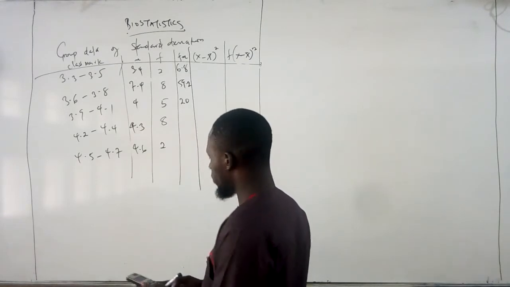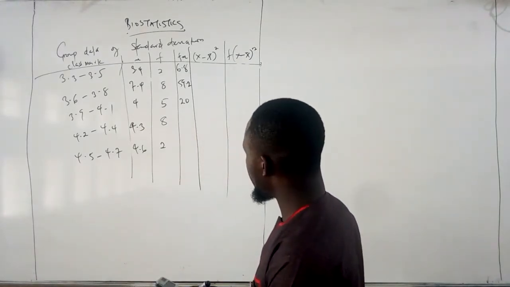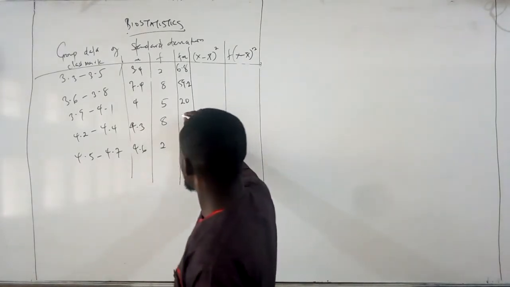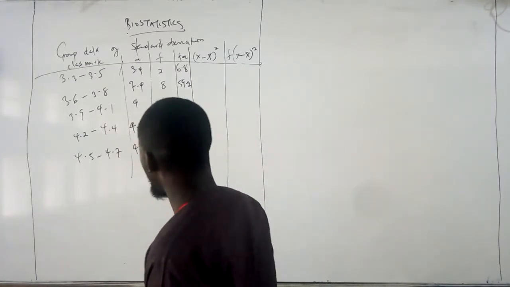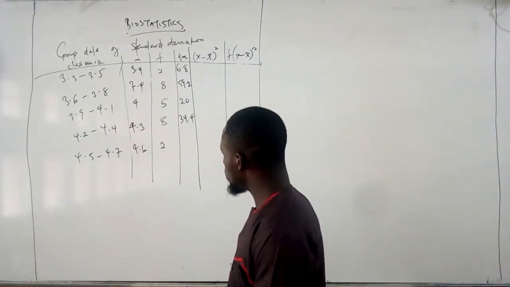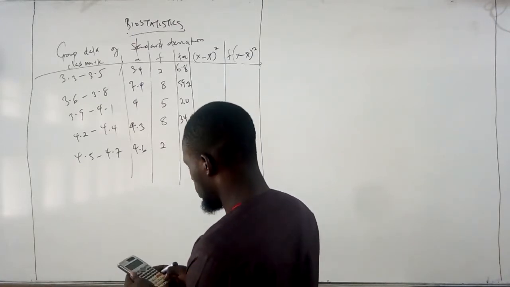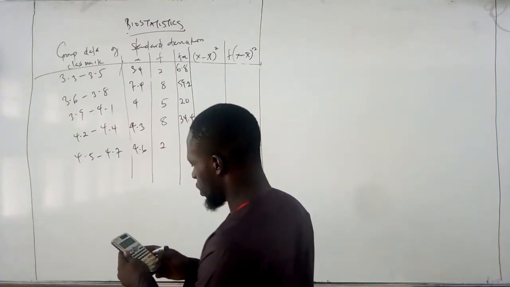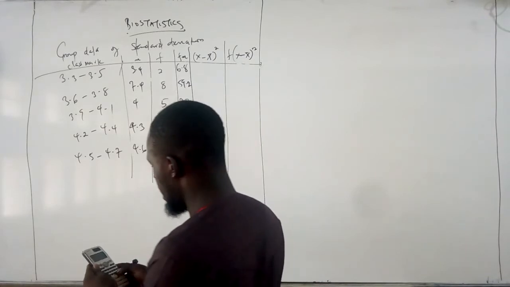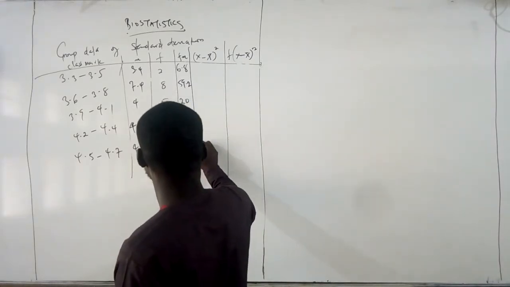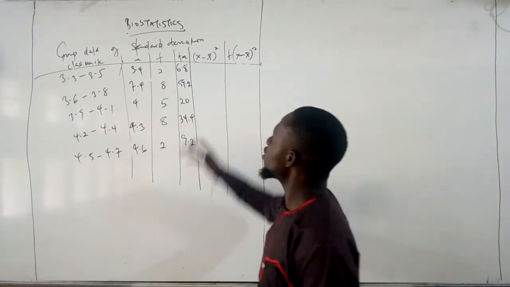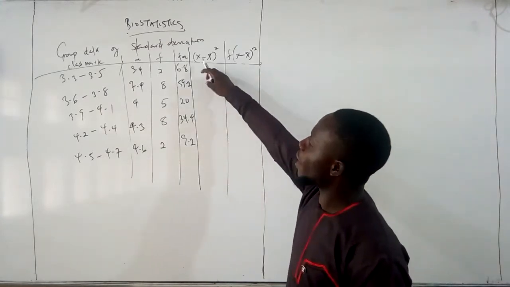And 4.3 multiplied by 8 gives us 34.4. Then 4.6 times 2 gives us 9.2.